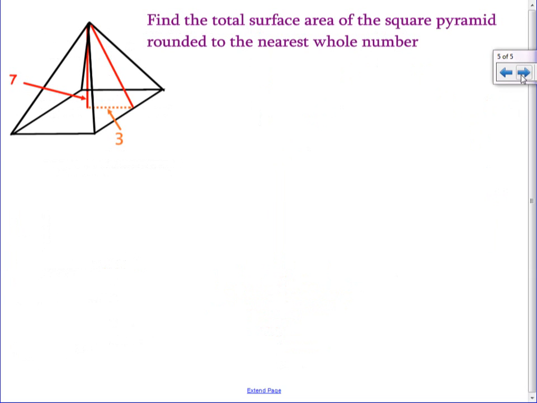All right, last one. Find the total surface area of the square pyramid. Round to the nearest whole number at the end. Don't round to the nearest whole number until the very end. Okay, so I am going to give you a head start on this one.